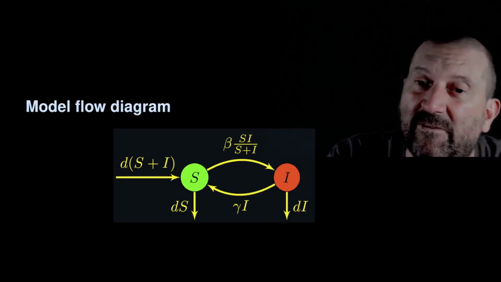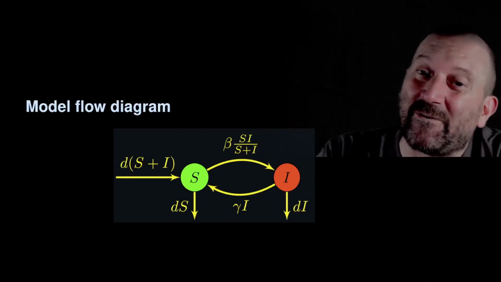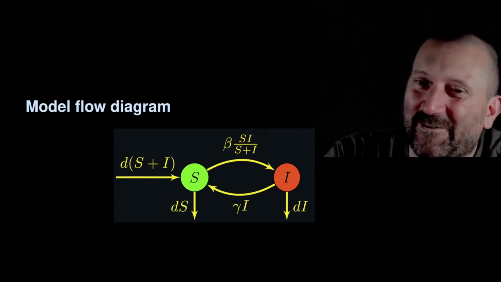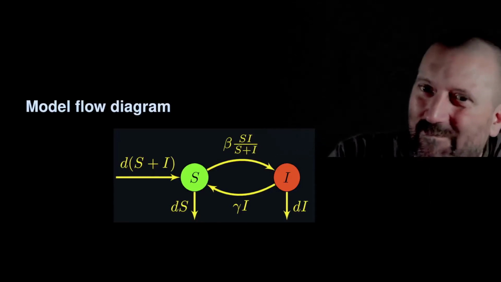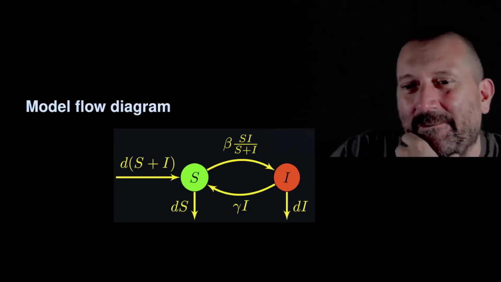Here I'm using beta SI over N. It's not going to make a difference because the total population is constant. But just for illustration, I'm going to use SI over N instead of SI.